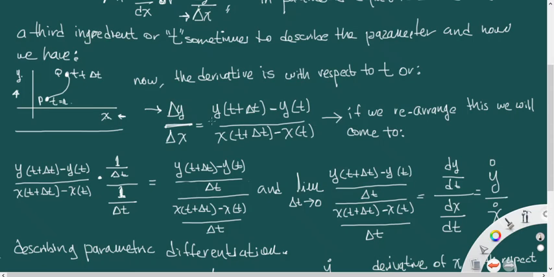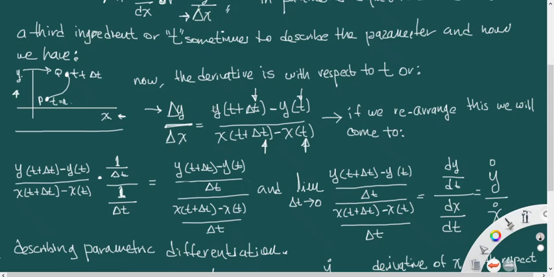This is the change of y, and it's described by the differential of y of t plus delta t, because this is the part that belongs to y, divided by the rate of change with respect to x. But in this case, we are adding this value of t. Why? Because x and y are not dependent of each other. Y does not depend on x, and x does not depend on y. Both of them depend on t.